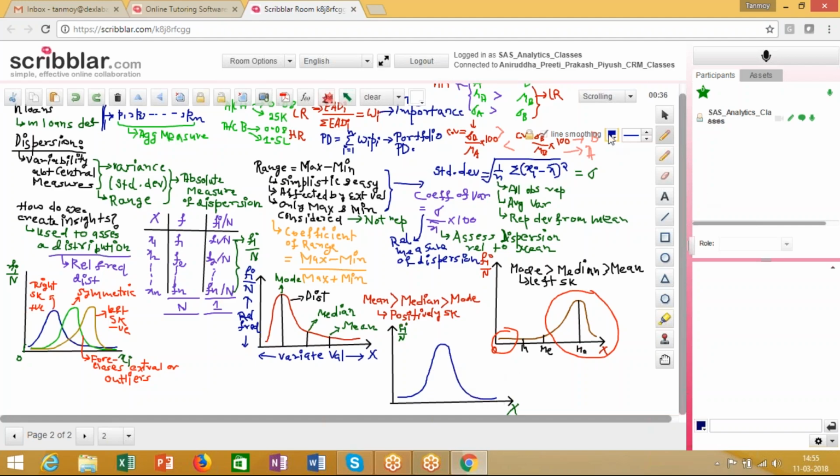So this distribution is more or less symmetric in nature, right?